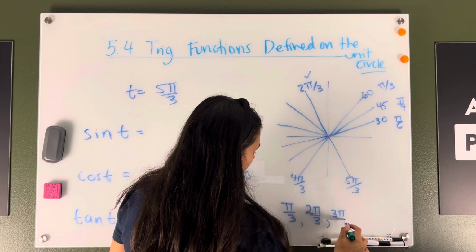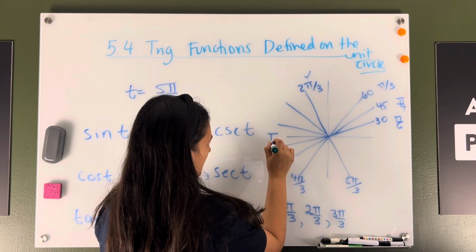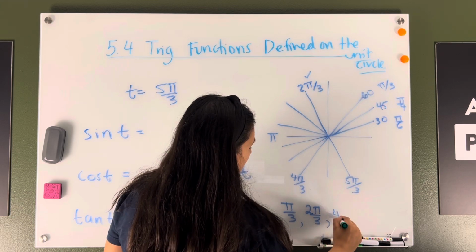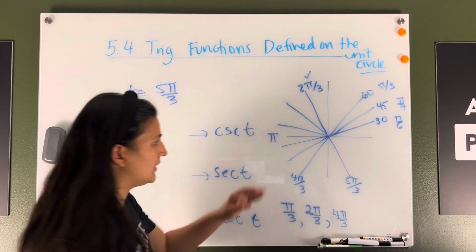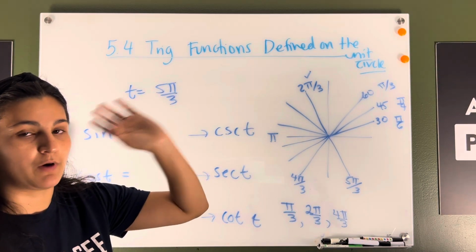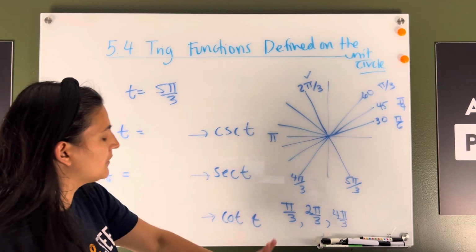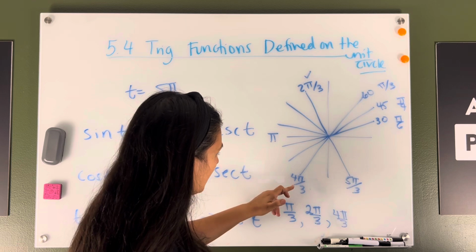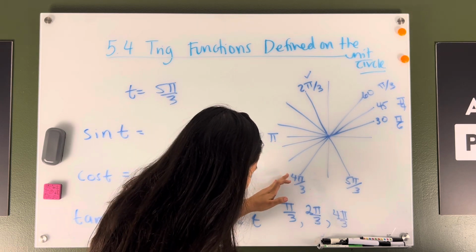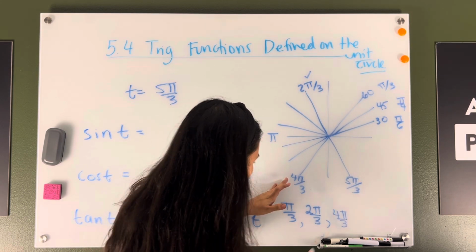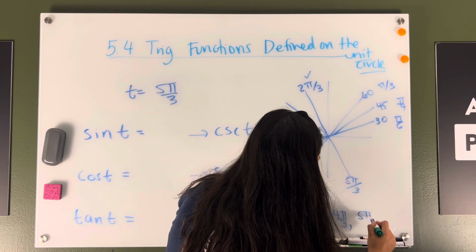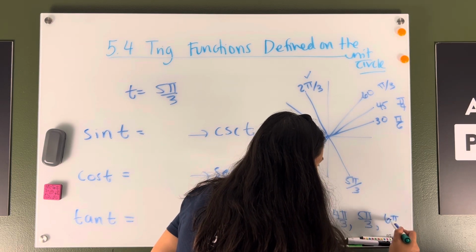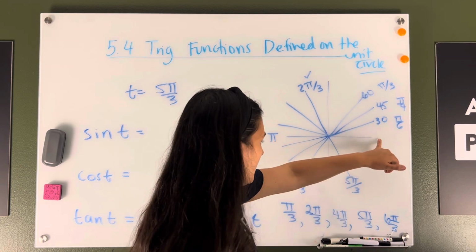Then 3 pi over 3, which is pi, which is already here, so that's why I didn't write it. Then 4 pi over 3, basically the numbers that don't simplify would be the fractions in the quadrants. So 4 pi over 3 doesn't simplify, that would be the next radian over here. And then 5 pi over 3 is the following. And of course, if you get 6 pi over 3, that's 2 pi, which we already have right here.